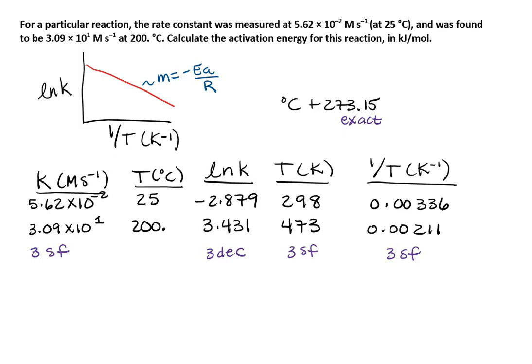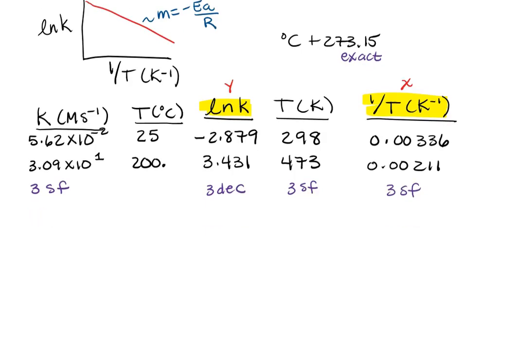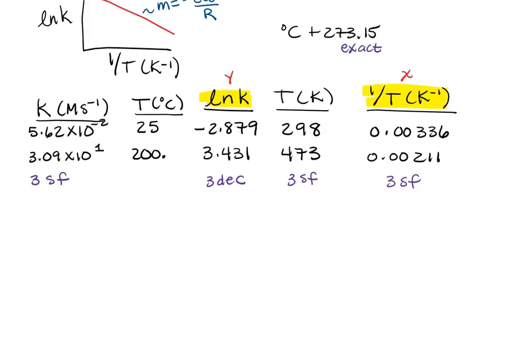So for our 2-point slope, as I mentioned earlier, we need ln k and 1 over T. ln k is the y, 1 over T is the x, and those will be incorporated into our slope formula. So our slope formula, y2 minus y1 over x2 minus x1. Remember that slope has units.